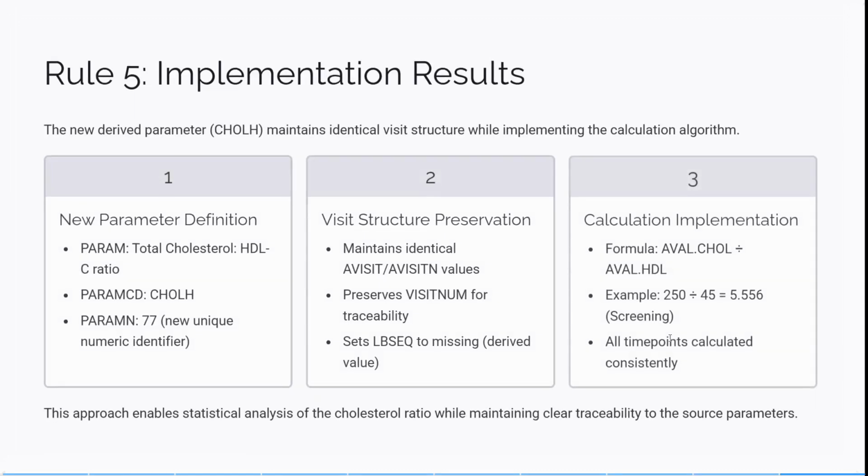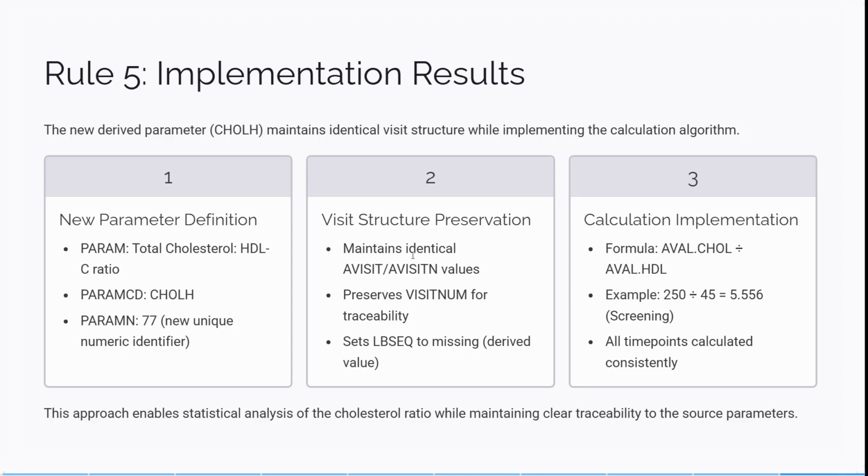So here the implementation results in a new derived parameter that maintains the identical visit structure while implementing the calculation algorithm. The new parameter definition is the total cholesterol HDL ratio, with param code CHLH and a param number 77, the new unique numeric identifier.